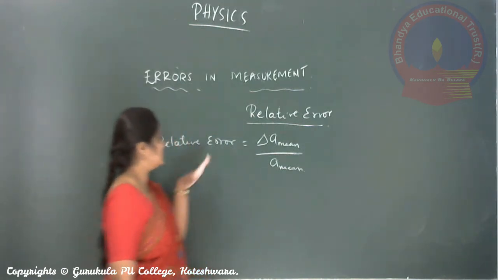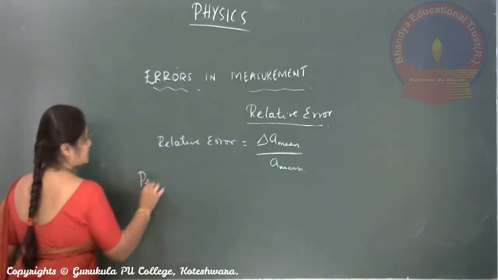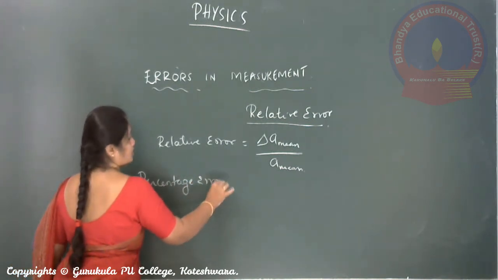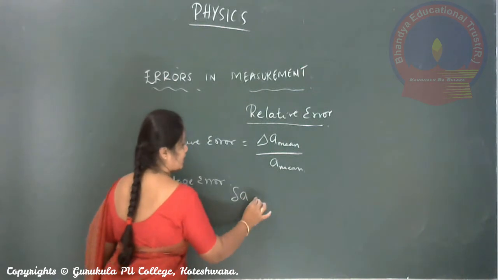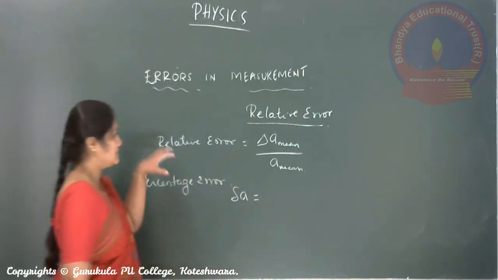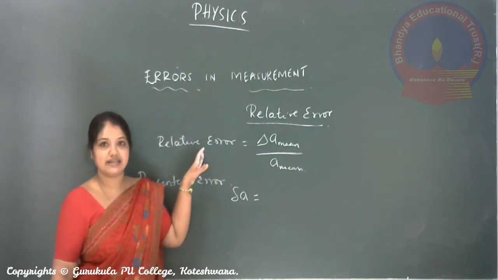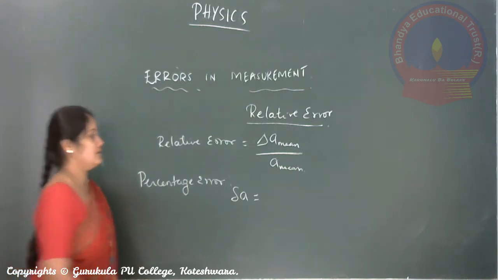Okay, so this is my relative error, and we have a percentage error. Percentage error is usually denoted by delta of A, which is nothing but this relative error when it is expressed in terms of percentage. What does it mean?